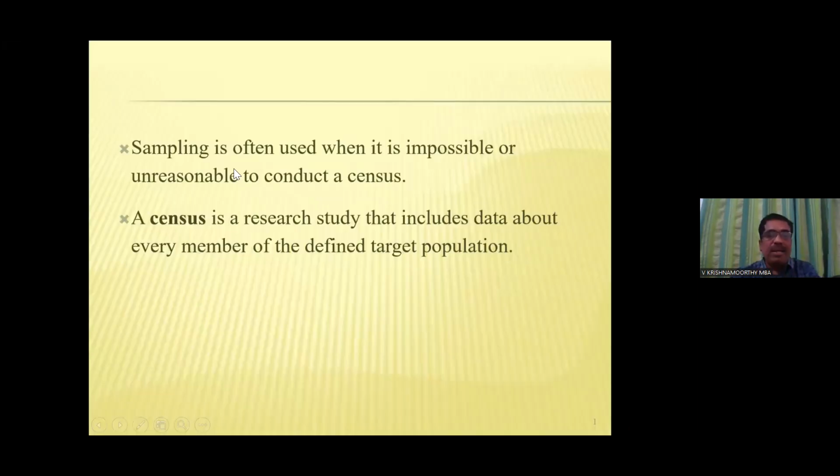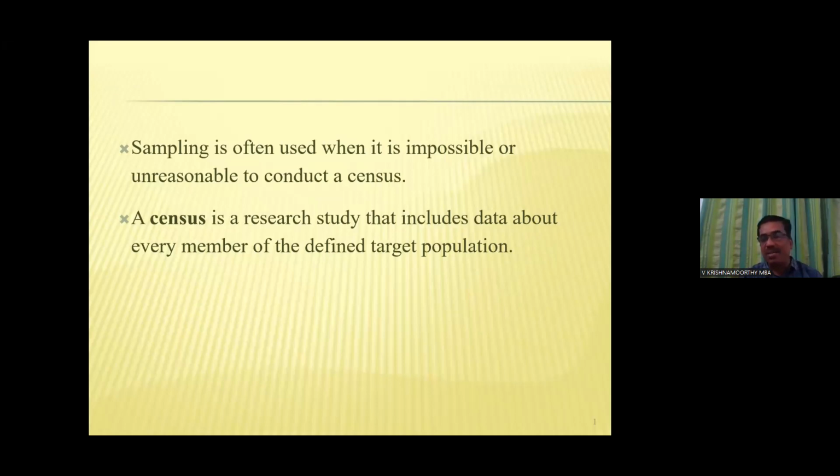So what is sampling? Sampling is often used when it is impossible or unreasonable to conduct a census. Normally, we can collect data through different methods. One is census, another is sampling. Census means collecting data from the entire study population.